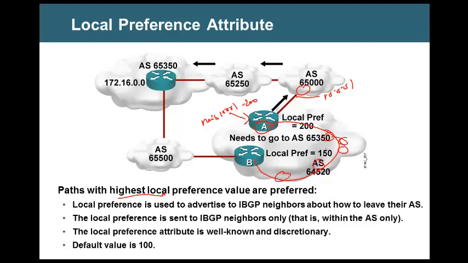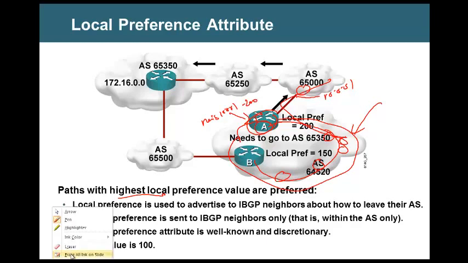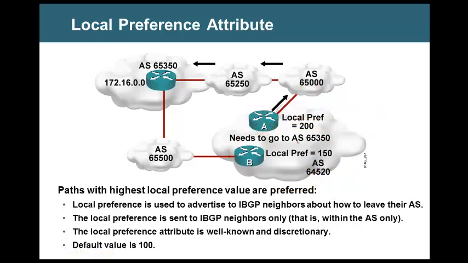You need not go to every router in the autonomous system and tell it to prefer this path. You just tell it to one router, and that update will be shared within the autonomous system to every router. So the scope of the update is also within the autonomous system. See, within the AS only.